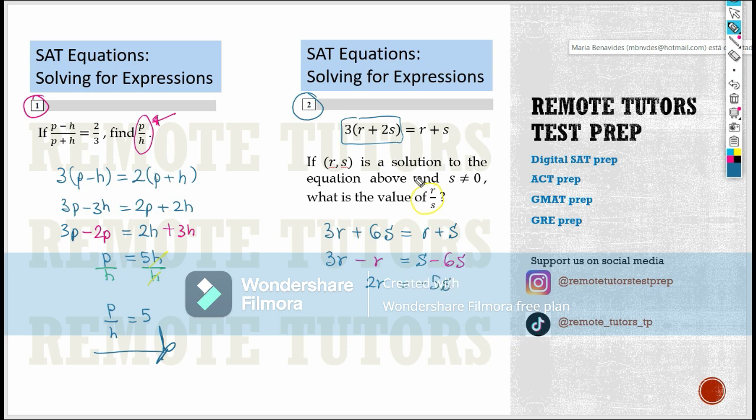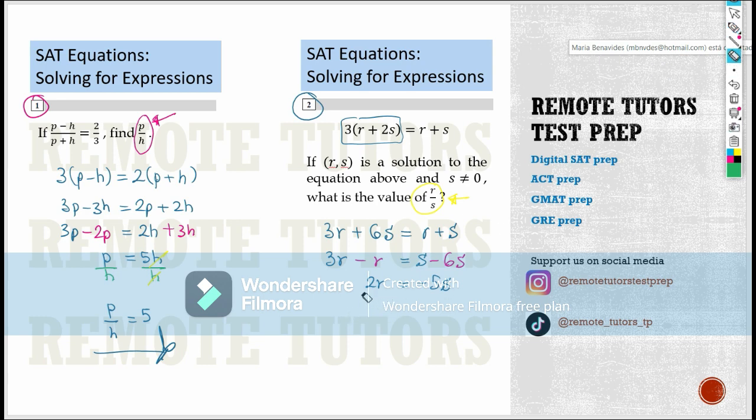times s. Remember that we have to solve for r over s. For that reason, what we will do is the following. I need s as the denominator, like we need an s right here.